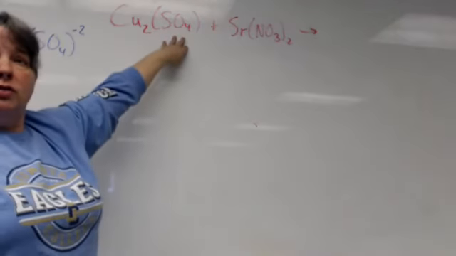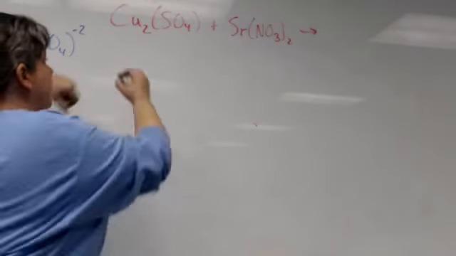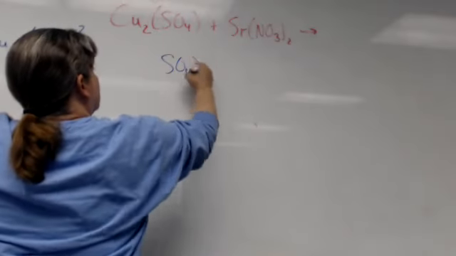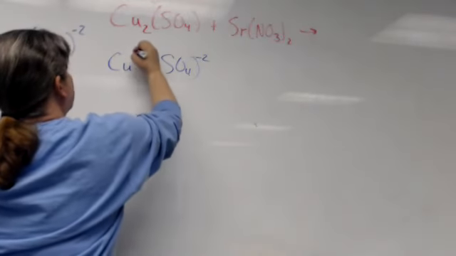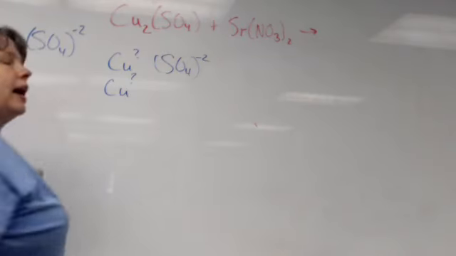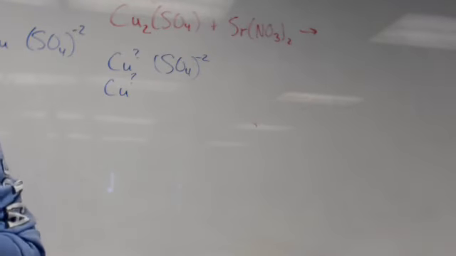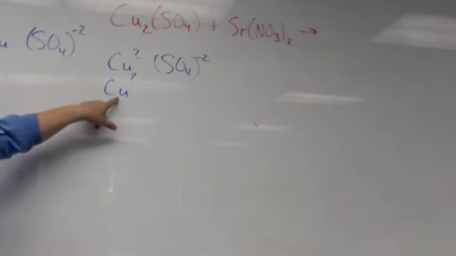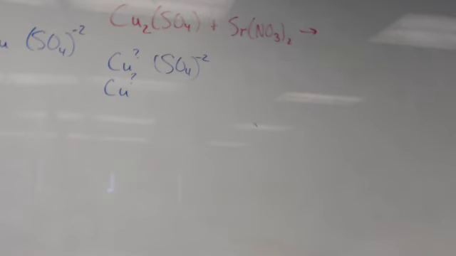If this has a -2 charge and it takes 2 copper ions to match up with that -2 charge, what is the charge on a single copper? Nyla? You're right. Don't doubt yourself. 1.